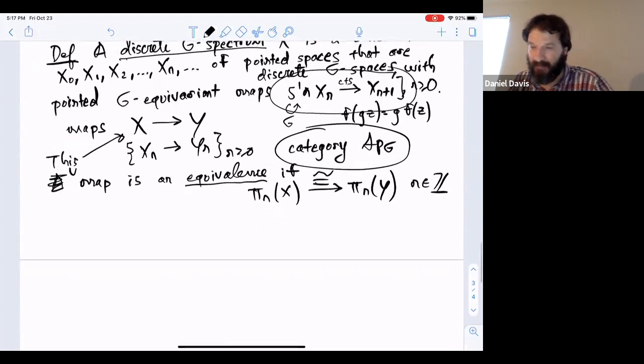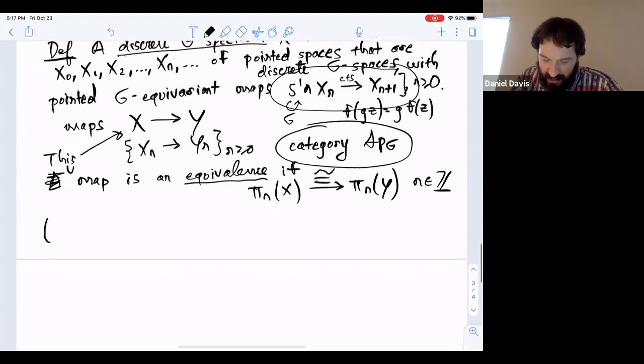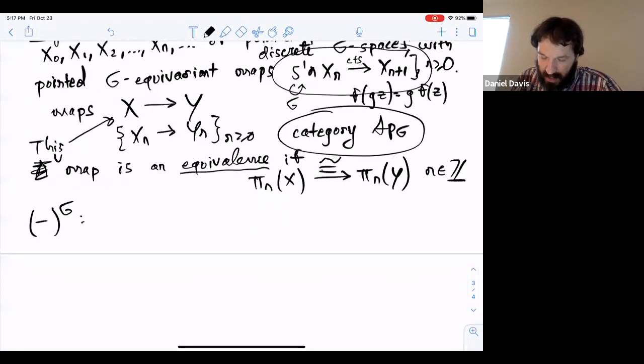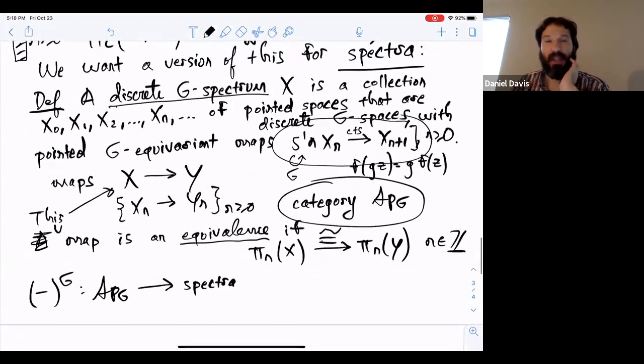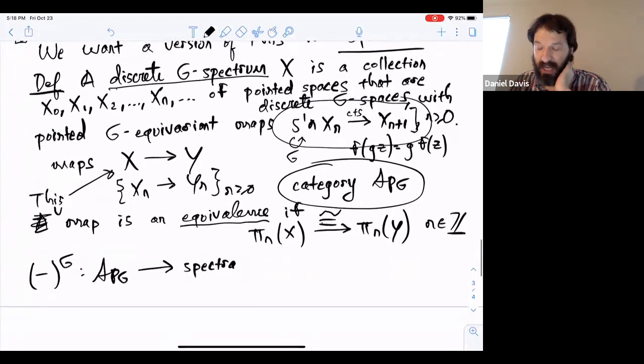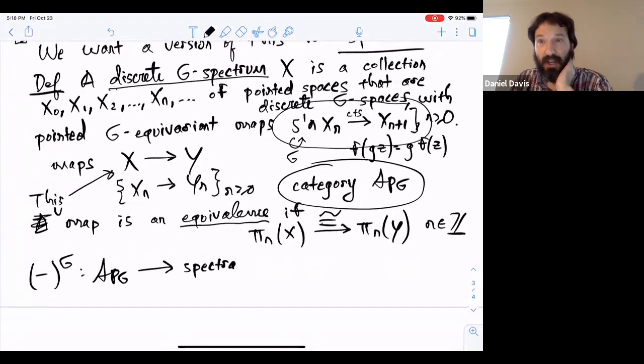So there is a functor which goes from the category of discrete G spectra to spectra. By spectra, what I mean is you take the earlier definition and just omit everything having to do with the G action.